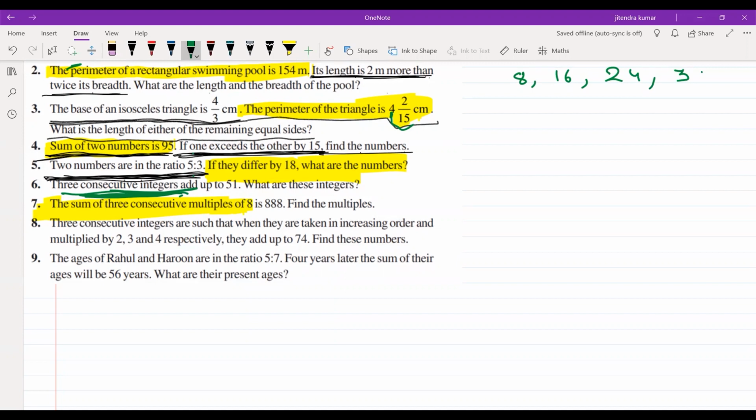We don't know where to start. It can start from 8, it can start from 16, it can start from 24.